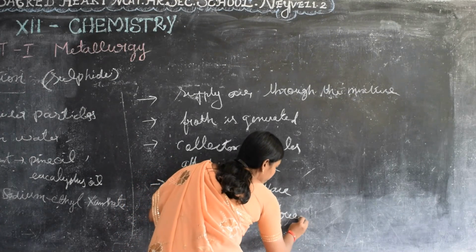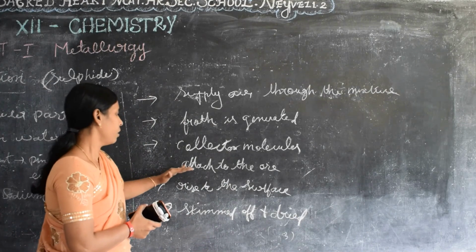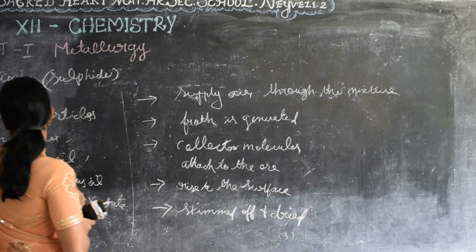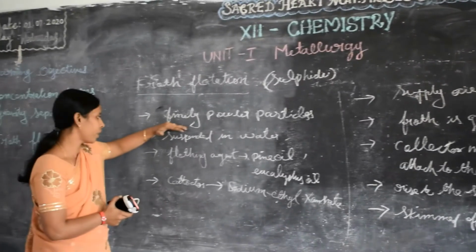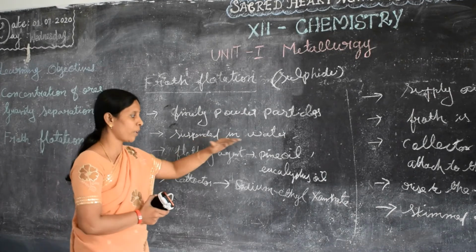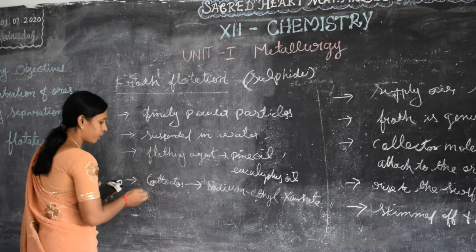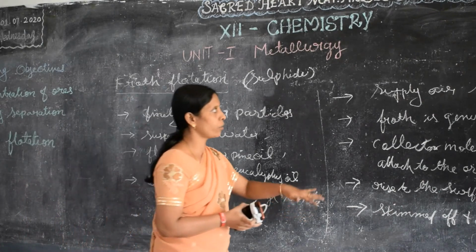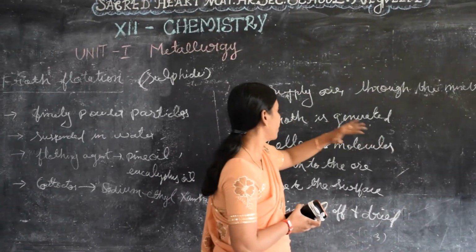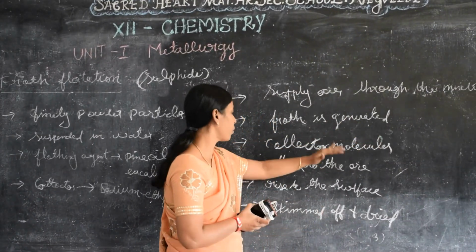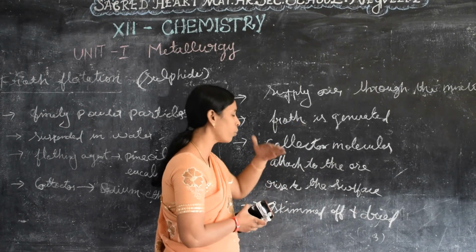So first we convert the ore into fine powder, then put it in suspended water, then add the frothing agent, that is pine oil and eucalyptus oil, then add collector molecules such as sodium xanthate. Froth is generated, the collector molecules attach to the ore and rise to the surface along with the froth.